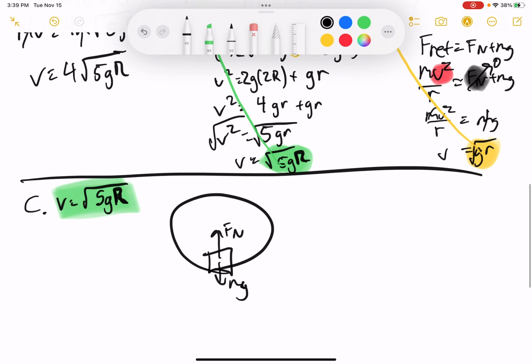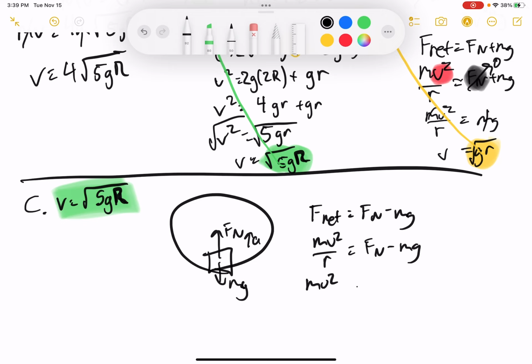And so this is really just a force question. So I have F net equals, remember, acceleration and my F net are both up because I'm going in a circle. So F net equals Fn minus mg, and then F net equals mv squared over r, which equals Fn minus mg. And I can go ahead and plug in my v, my r, and solve.